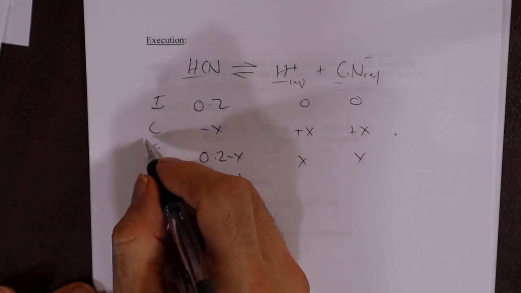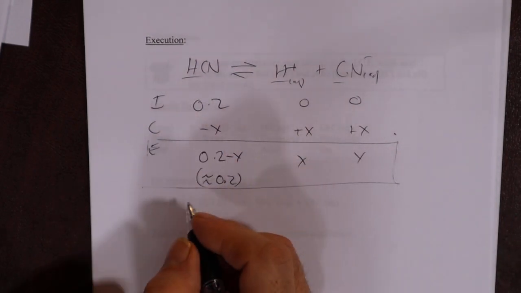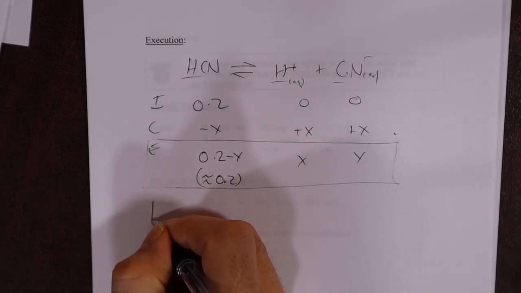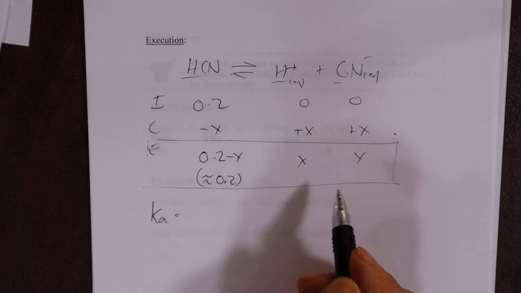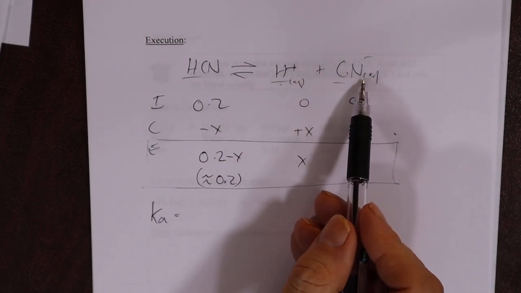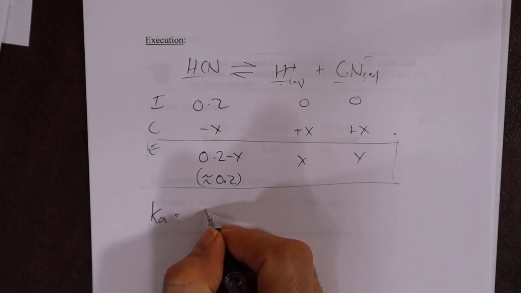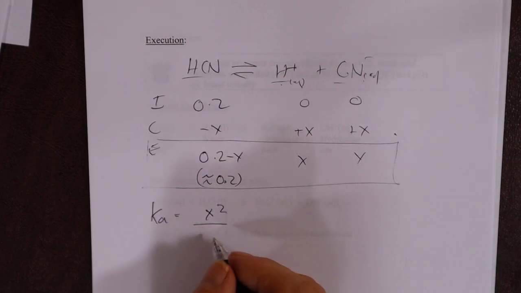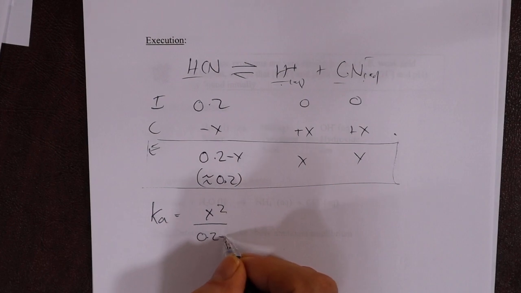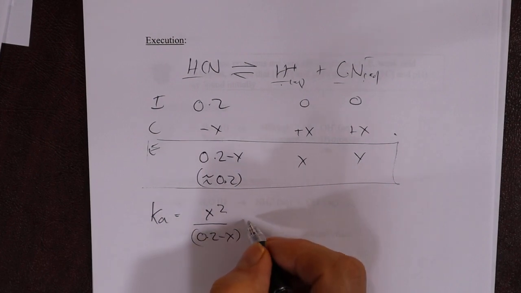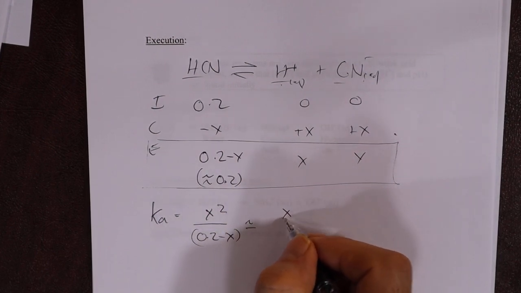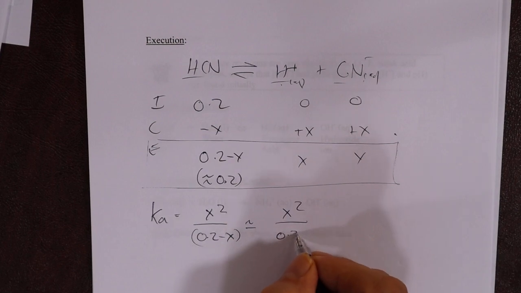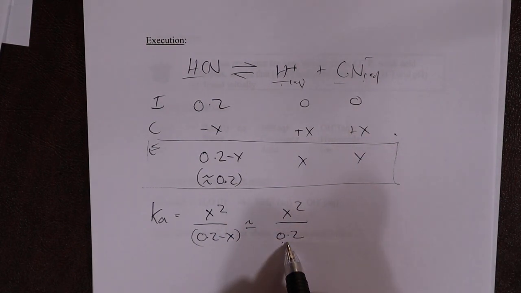All right. Ka then equals products. This one times this one, which is X squared, over 0.2 minus X, which again is approximately equal to X squared over 0.2. That's the weak acid approximation again.